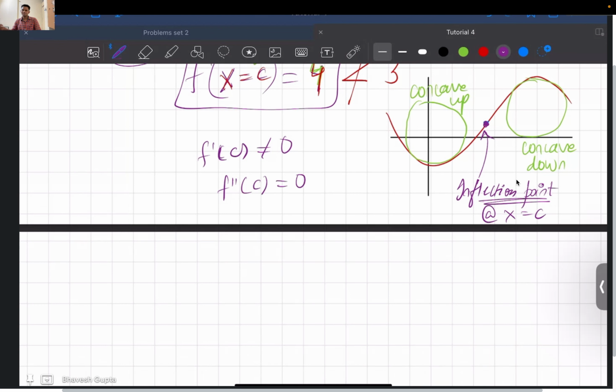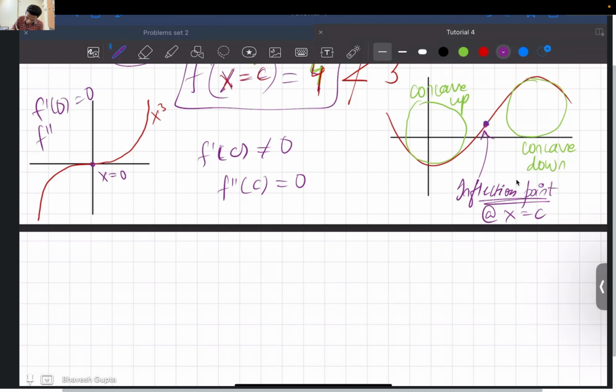You can have the first derivative equal to 0, for example, in the case of x cube. In the case of x cube, you have this kind of a curve, where x equal to 0 is an inflection point. Let me write it completely: that's x cube, and you see that my first derivative at 0 is also 0, and the second derivative is also 0.